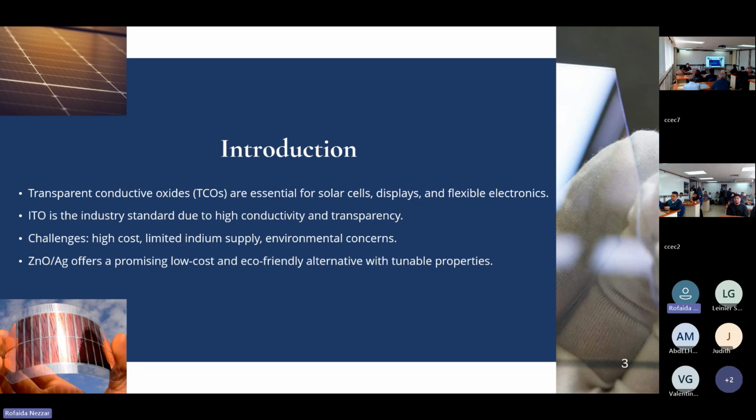And in this work, we investigate the zinc oxide silver bilayers and analyze how annealing as a post-deposition technique at 400 degrees influences their electrical and optical properties.